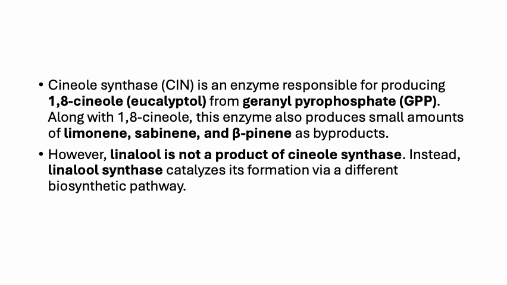Okay, the question was about cineol synthase and which of the products it could produce. So this enzyme, cineol synthase, converts GPP, which is geranyl pyrophosphate, into 1,8-cineol, which is colloquially called eucalyptol.